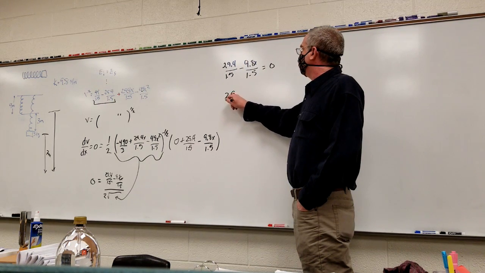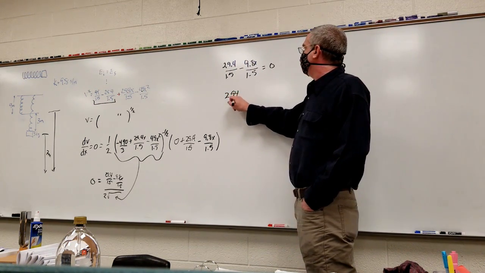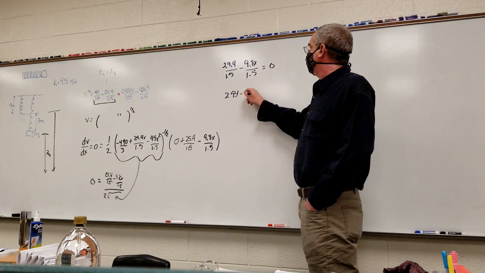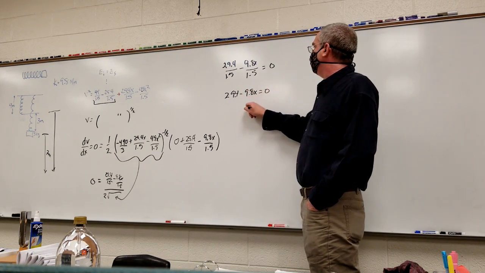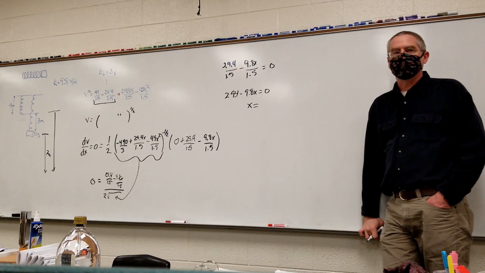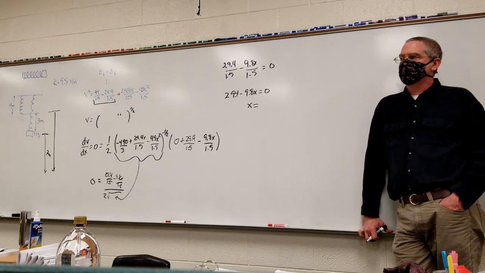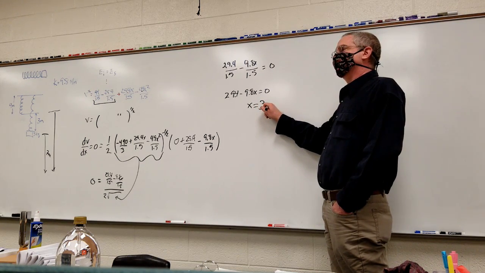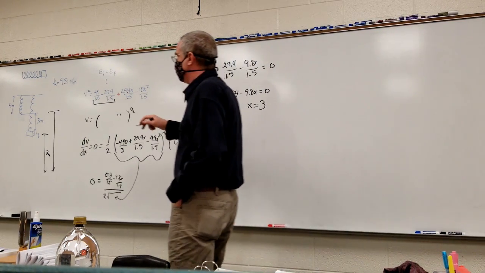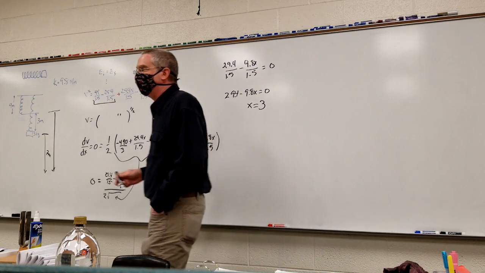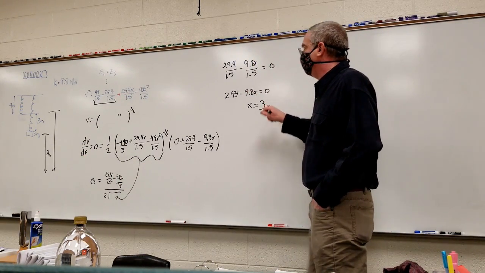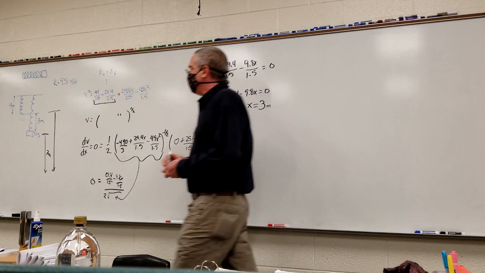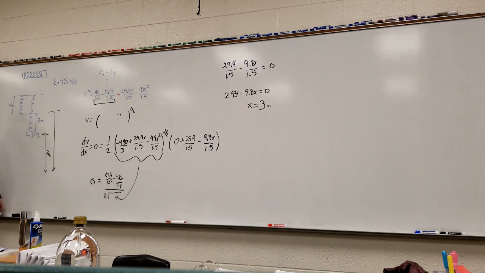So 29.4 minus 9.8x equals 0. X equals, units. Solving for the position when the speed is the maximum. Meters, yeah. In other words, the maximum speed occurs right there in equilibrium.